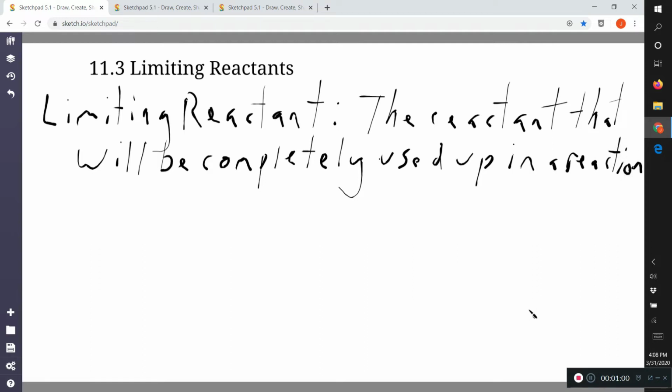What does that mean? Well, let's say we're making water. If we have, let's say, 6 hydrogen atoms and 6 oxygen atoms.